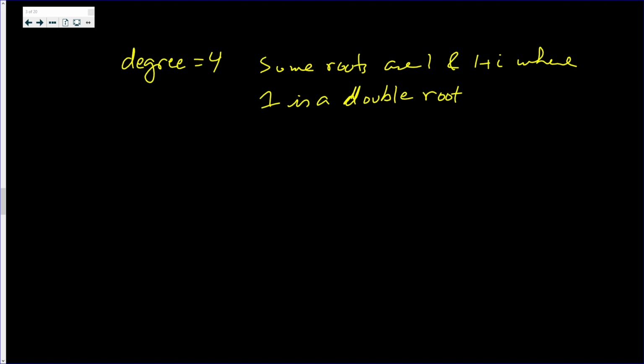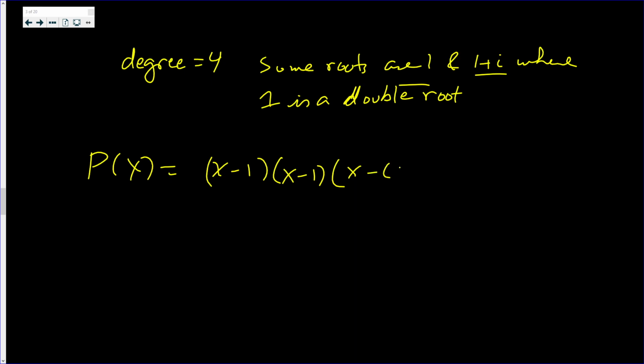Okay, so the polynomial is going to have 1 as a root 2 times, x minus 1, x minus 1. And it also has a complex root, 1 plus i. So it's going to have x minus (1 plus i). And if 1 plus i is a root, then 1 minus i will be a root. So you have x minus (1 minus i).